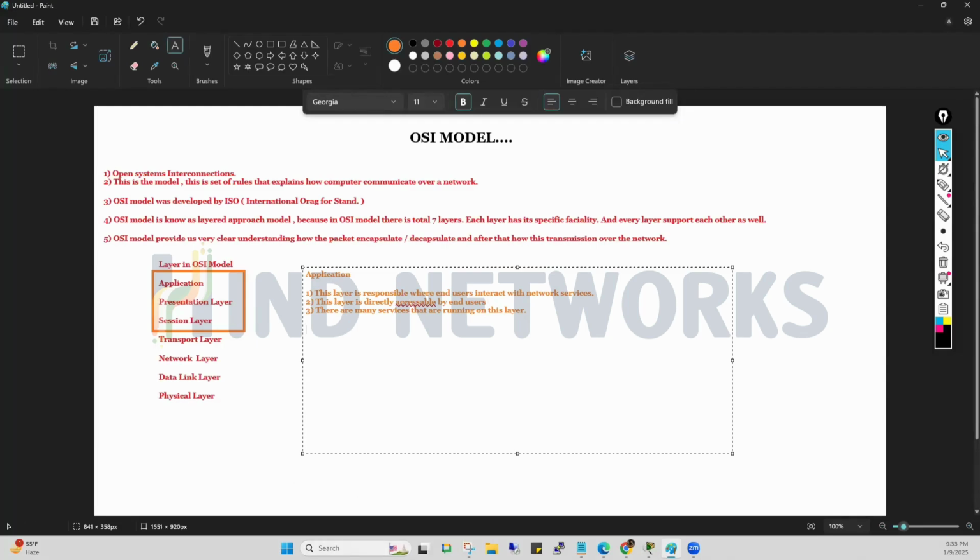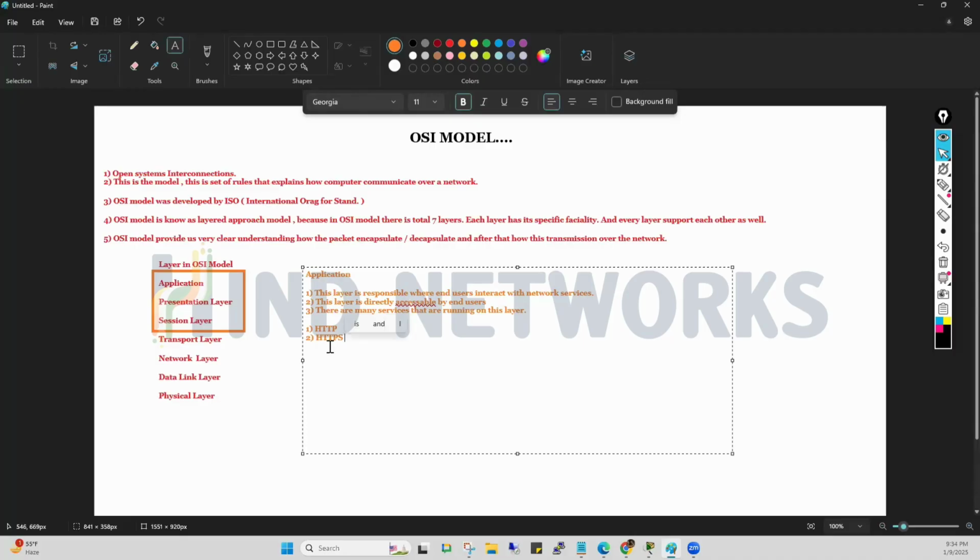Getting my point, everyone? Now, what are those applications? Basically there are multiple protocols or services running here on the application layer. For example, HTTP. For example, HTTPS. I hope you know HTTP and HTTPS, right?